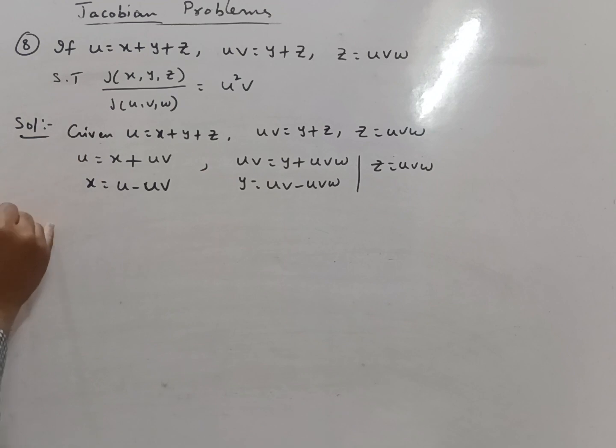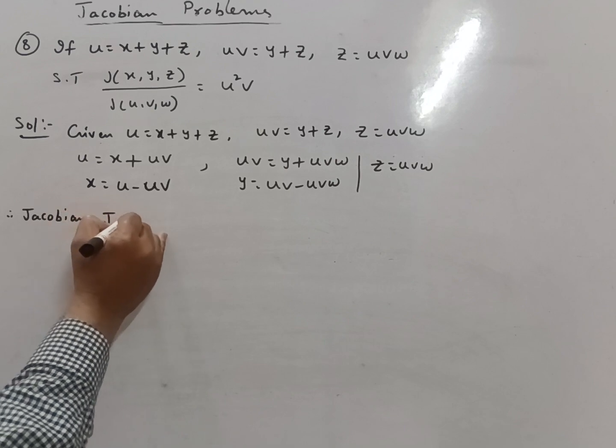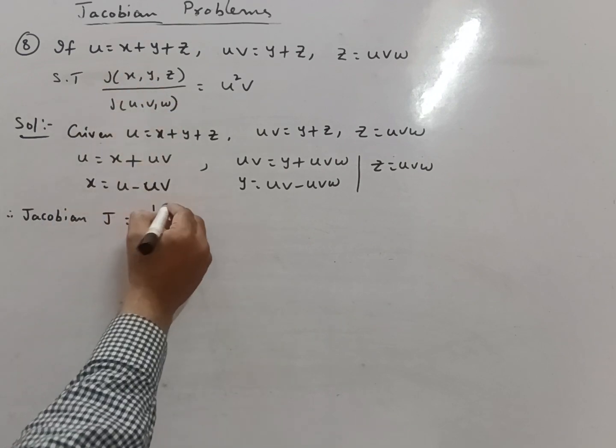Correct? Now, therefore, the Jacobian J is equal to, what is the formula? x, y, z in terms of u, v, w, right?